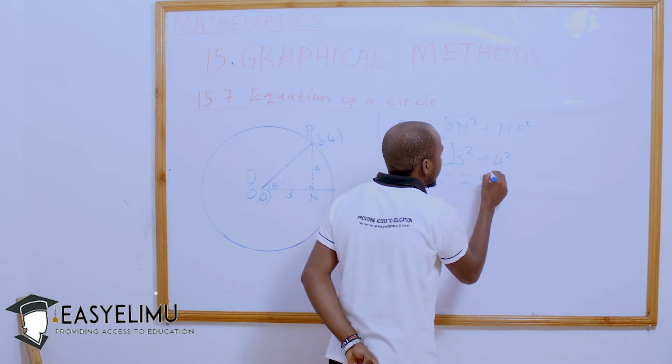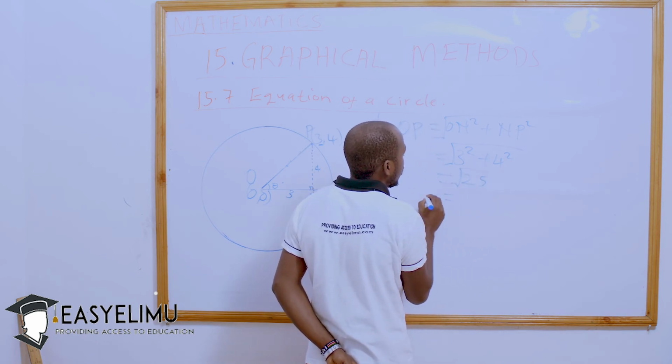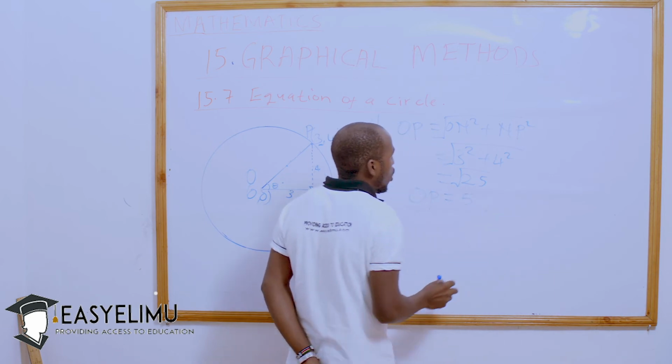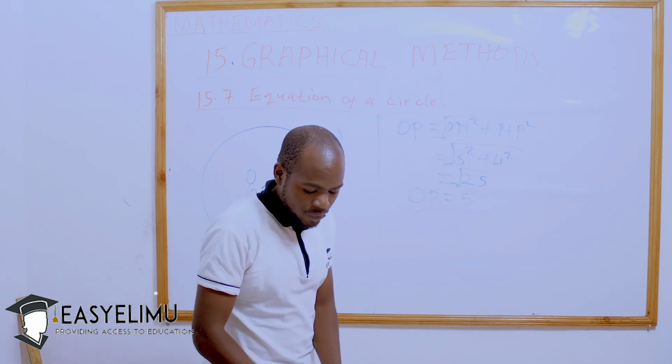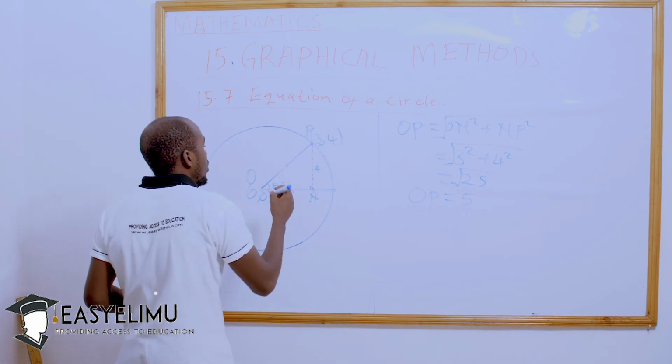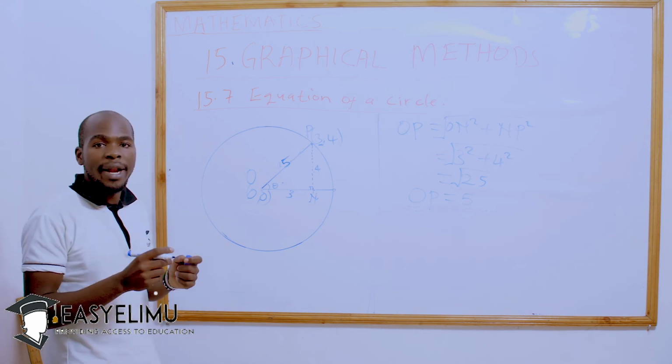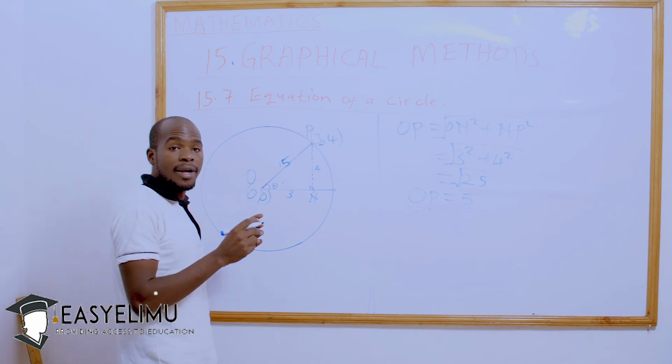On finding the square root of 25, you get that OP is equal to 5, so OP will be 5 units. Now OP, which we have found to be 5 units, is our radius.